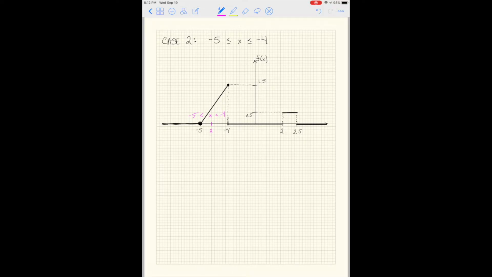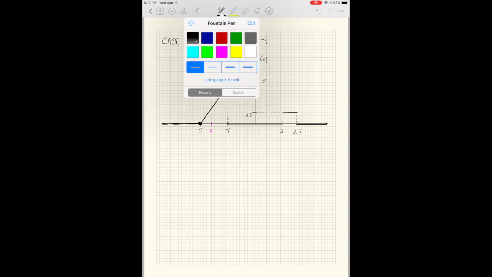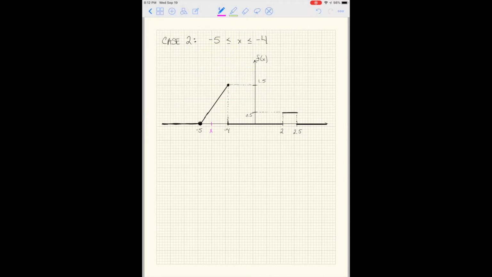This is actually not super convenient to have those here, so I'll erase them. Put that little line back. Okay, just to be clear, this particular x is between -5 and -4.